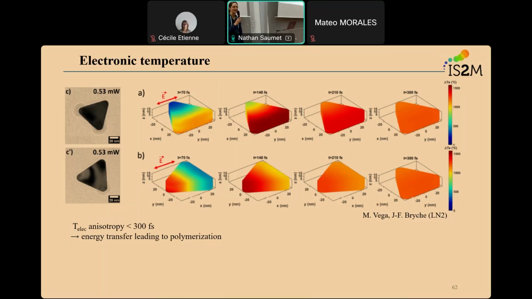Outside of the particle, I have no idea. Okay. Because here the time scale is really, really short. The anisotropy represented here in electronic temperature is less than 30 femtoseconds, so it's really short to induce a reaction in the polymer as well.